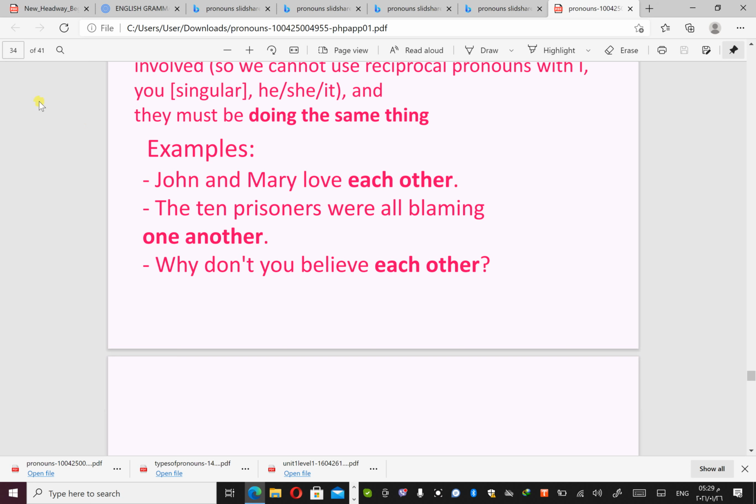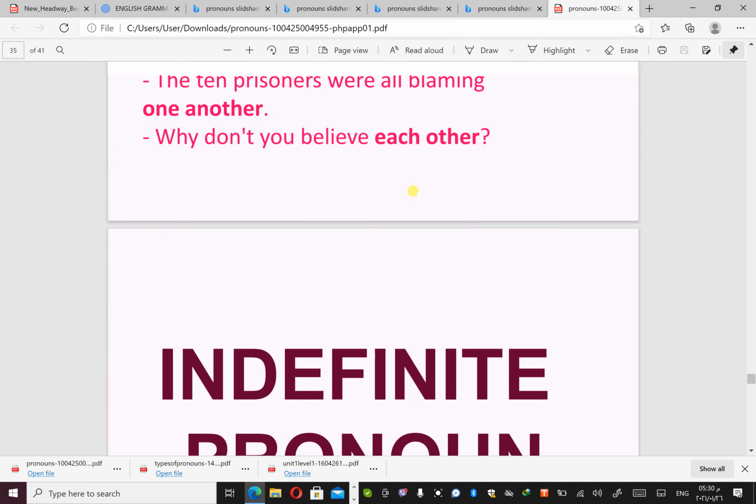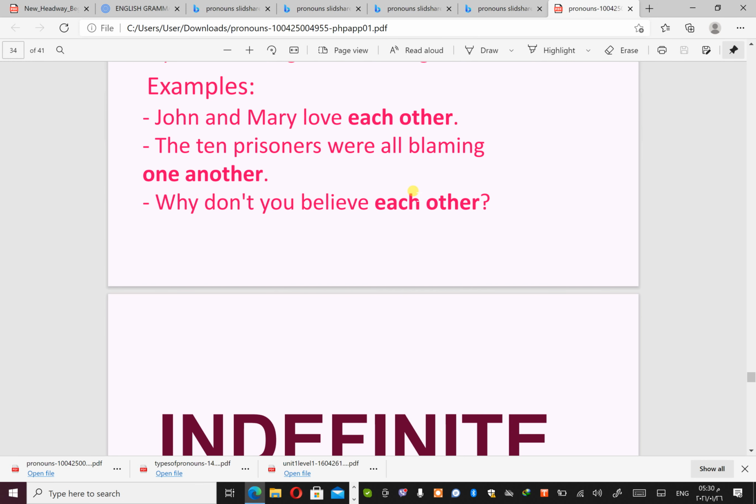Or for example, the 10 prisoners were all blaming one another. Each other, one another. This is basically two pronouns that give us the same meaning, but here it gives more details.